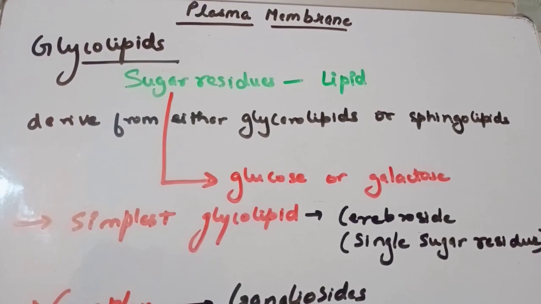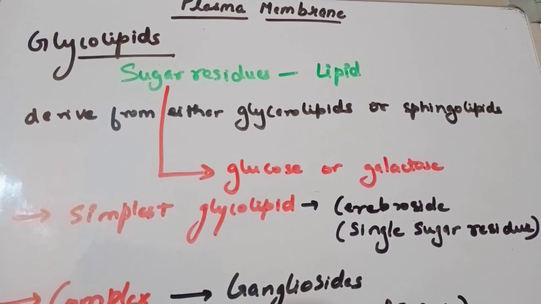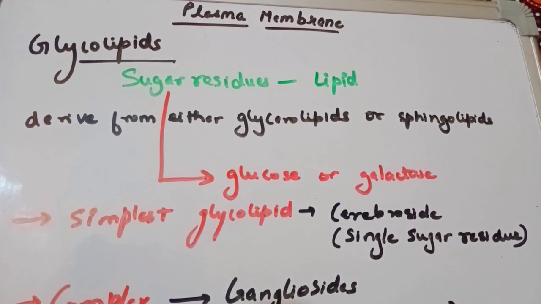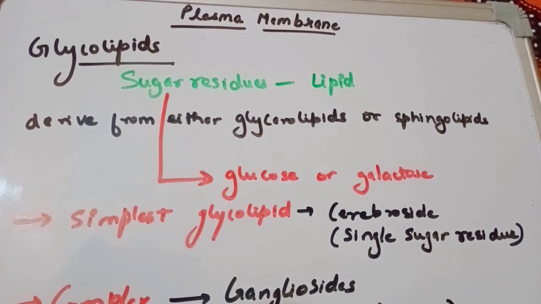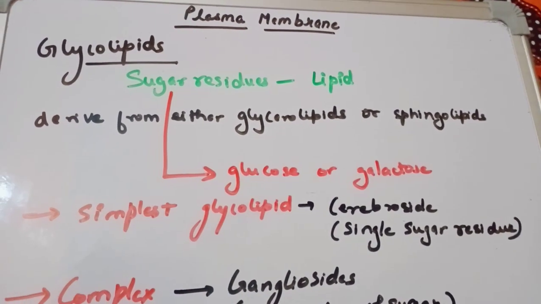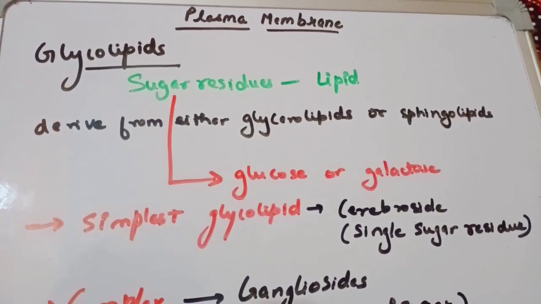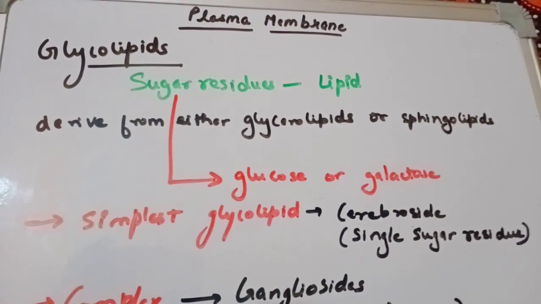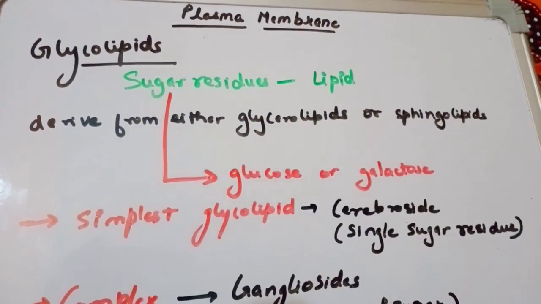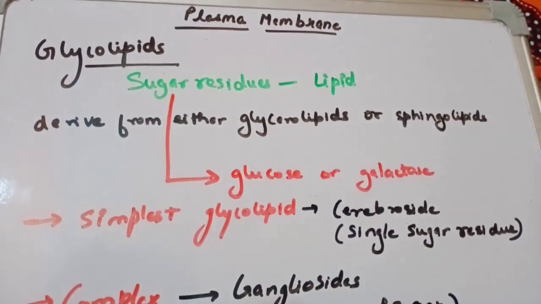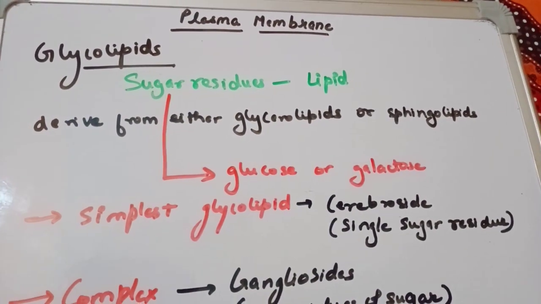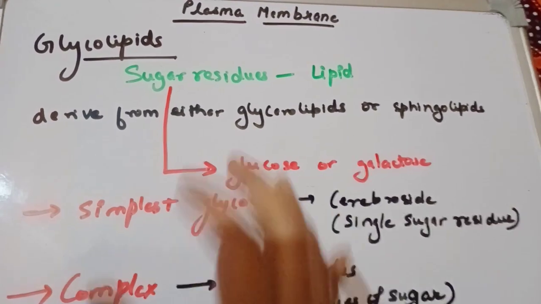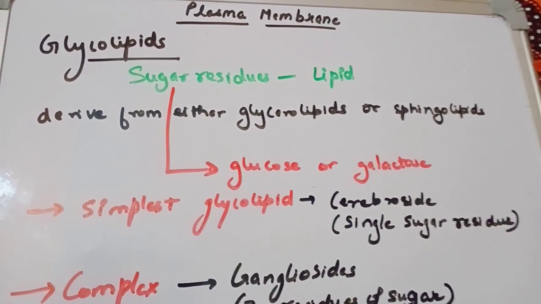As we already talked about previously, glycolipids are found in the outer leaflet of the plasma membrane with their carbohydrate portions exposed on the cell surface. Glyco means sugar residues, and lipid, so sugar residues attached to lipid give the term glycolipid. It is derived from either glycerolipids or sphingolipids. The sugar residue may be glucose or galactose.